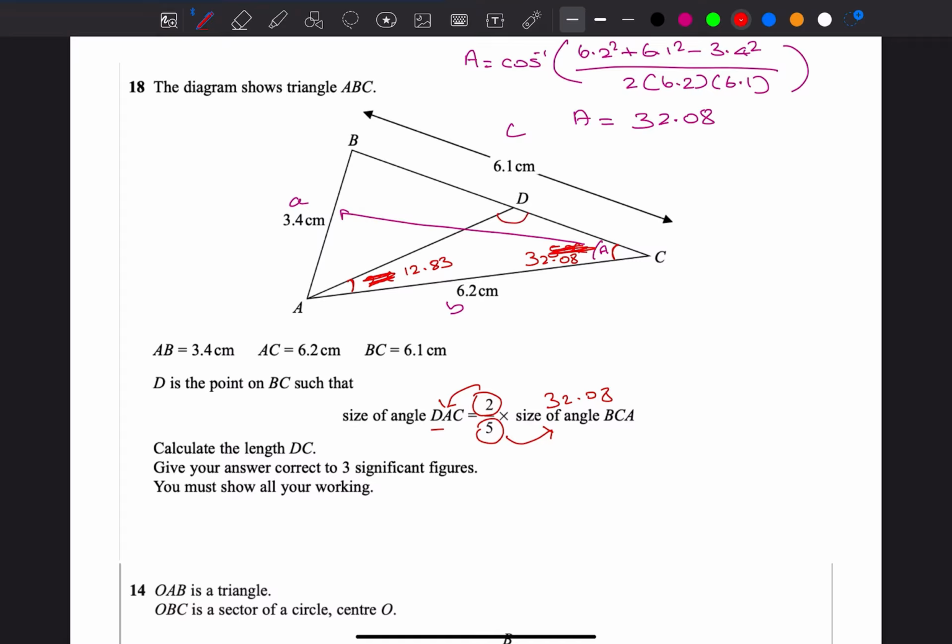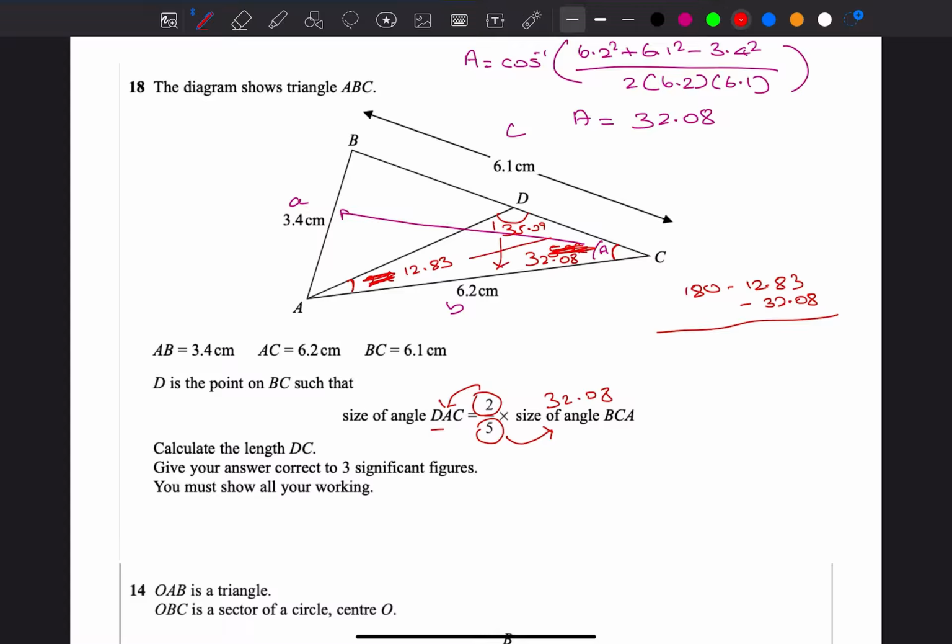Then we can work out this angle, isn't it? 180 minus 12.83, take away 32.08, which makes it 135.09.